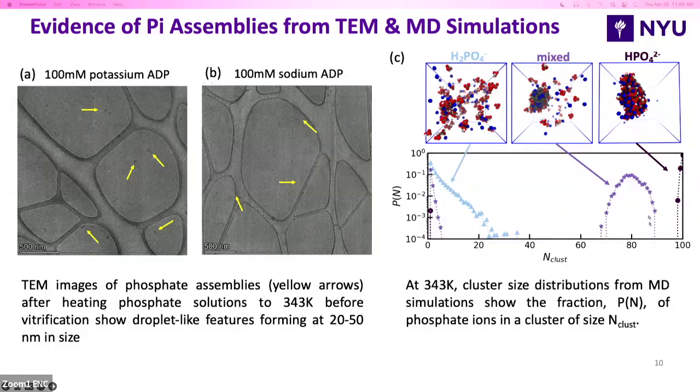And in this plot, we can see that the monohydrogen phosphate shows the strongest tendency to assemble, followed by the mixed phosphate system, and then the dihydrogen phosphate system. So overall, the MD simulation results also confirm the orthophosphate cluster formation under comparable conditions as experimentally proved.